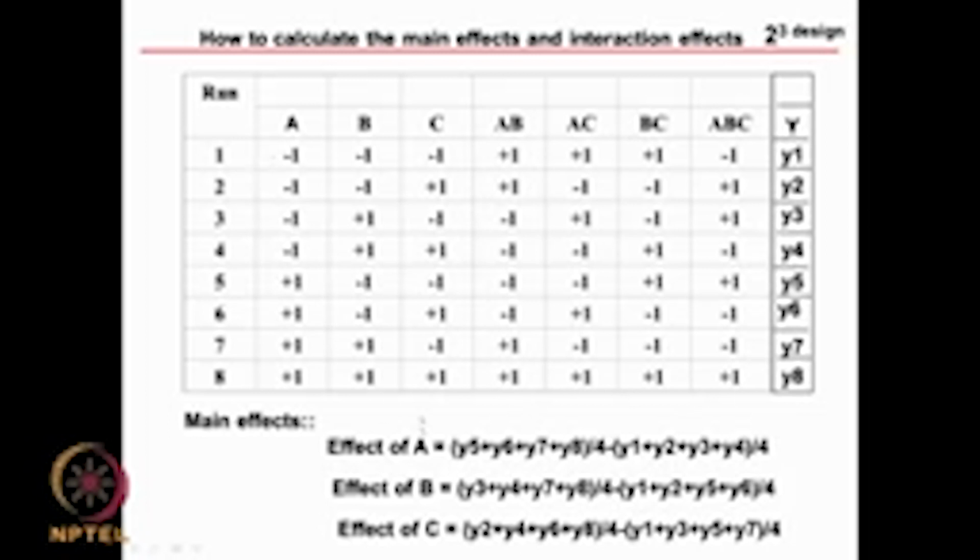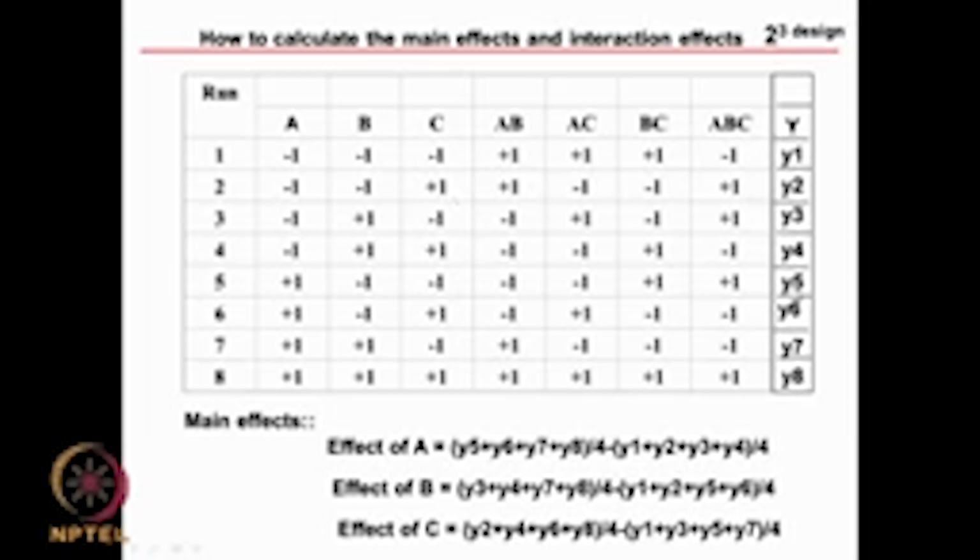Now, if I want to know the effect of B, I look at these pluses: y7, y8, y4, y3, add up, divide by 4, minus the minuses, which are y1, y2, y5 and y6, divided by 4. This will tell you the effect of B. Effect of C: you have 4 places where you have pluses, here, here, here, here.